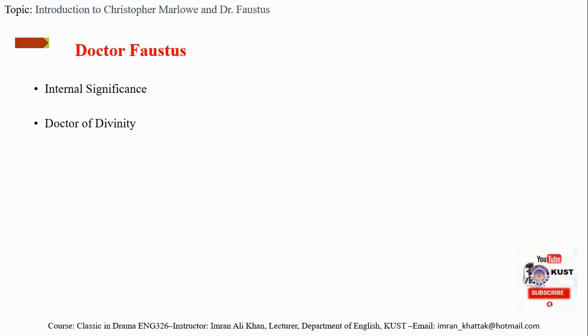We also know that he got his higher education in Wittenberg, and he was a Doctor of Divinity. The chorus also tells us that he had become puffed up with pride for having vast knowledge and scholarship.